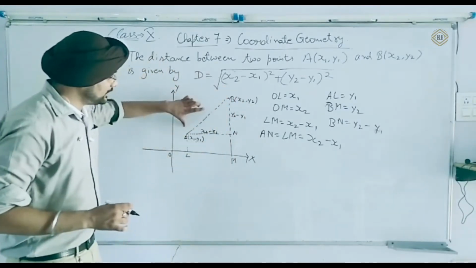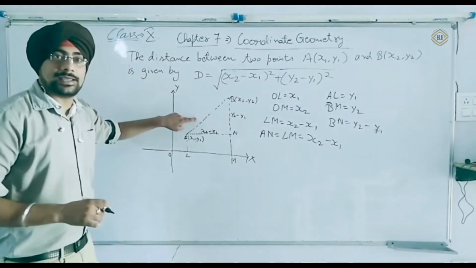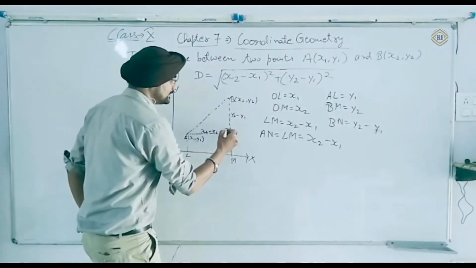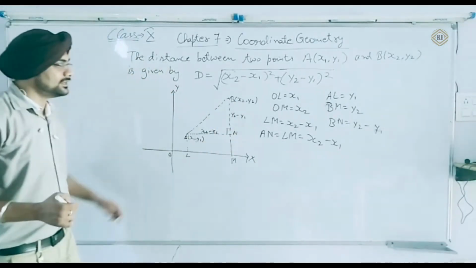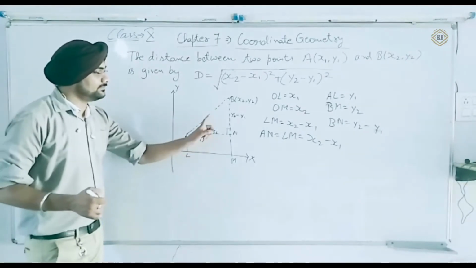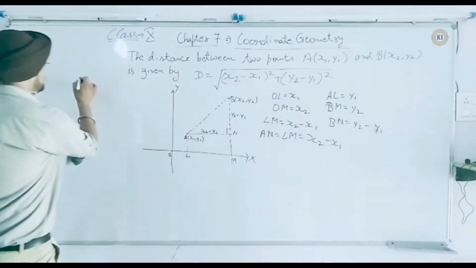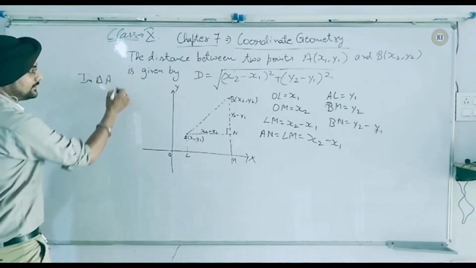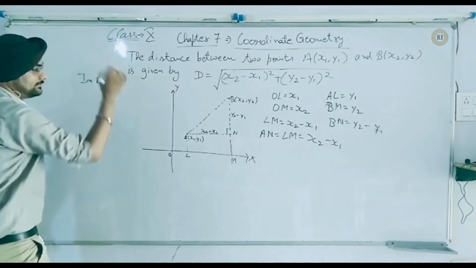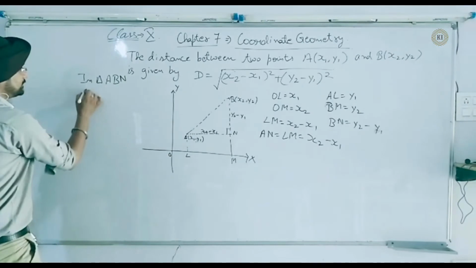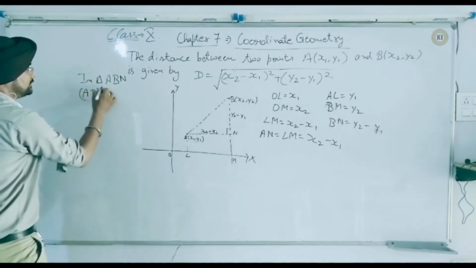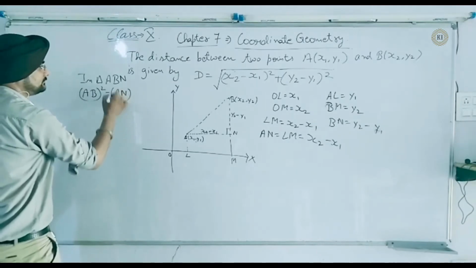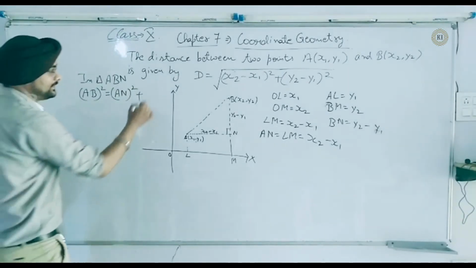Now we calculate AB by applying the Pythagoras theorem in triangle ABN. This is our right angle triangle. So we apply here the Pythagoras theorem. It says that in triangle ABN, AB square, that is the hypotenuse, AB square is equal to AN square plus BN square.